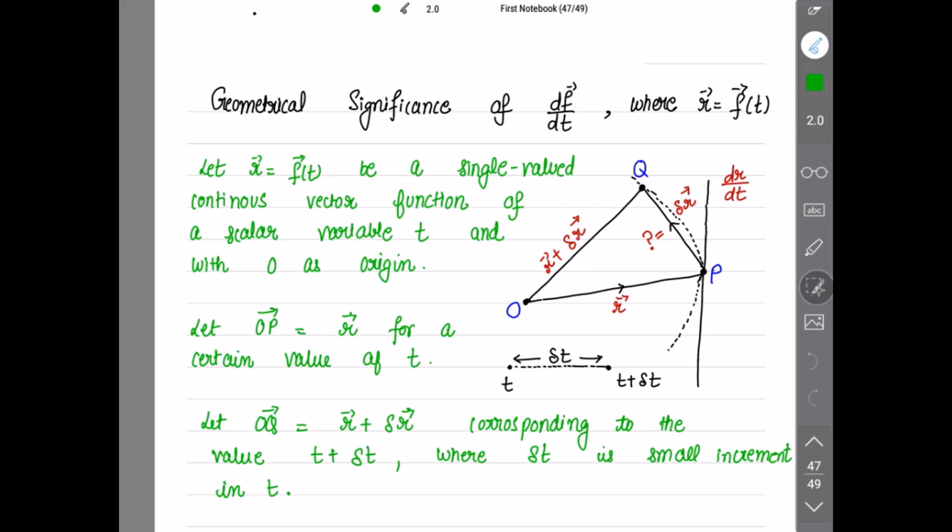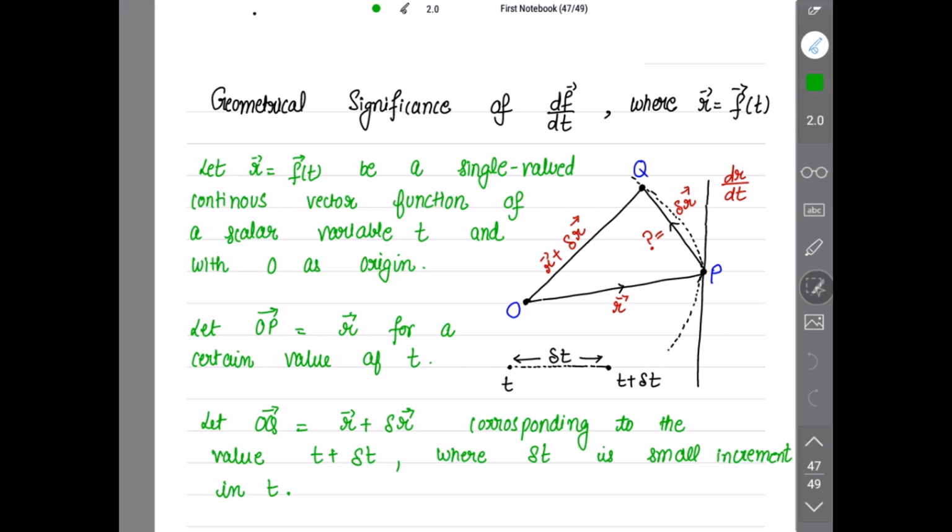And if I take my delta t tending to 0, then this point Q will approach P, right? As delta t is tending to 0, because delta r is depending upon t, the scalar variable, that means delta r is also decreasing.